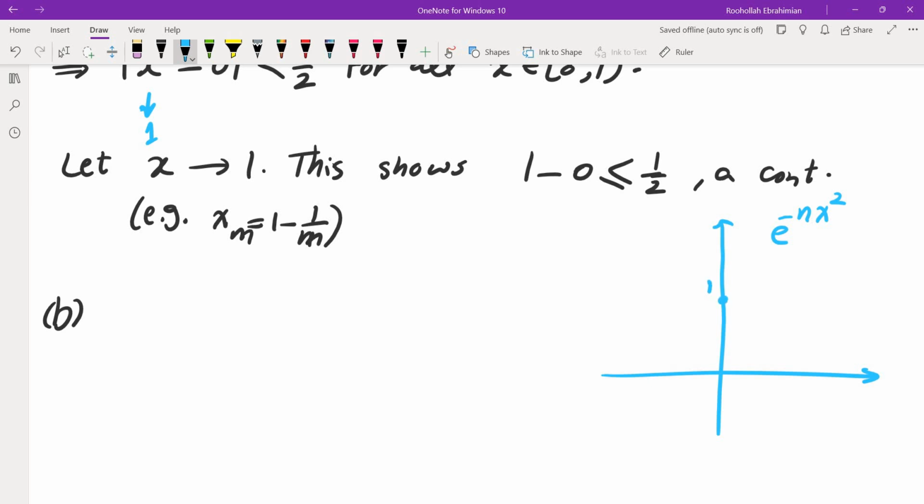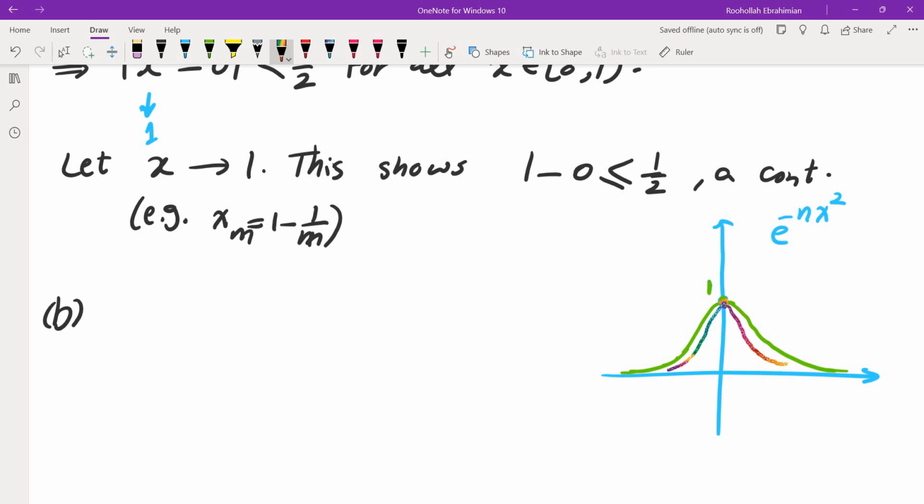In fact, all of them at x equals 0 are 1. And when x goes to infinity, they approach 0. When x goes to negative infinity, they also approach 0 because x squared is positive. The next one would be the same shape, it just goes to 0 faster.